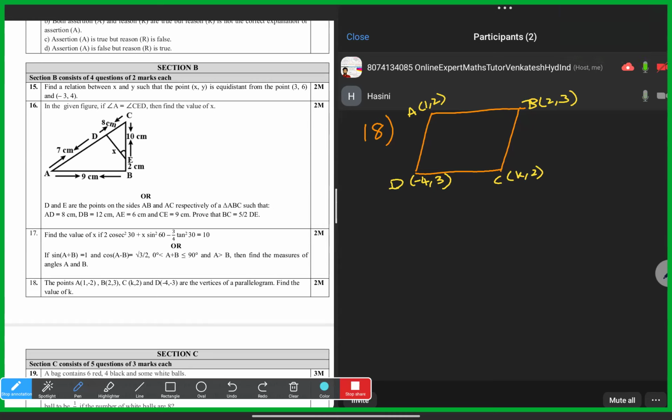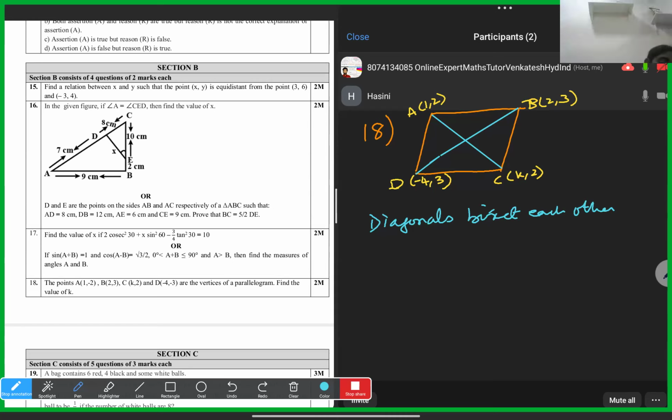So now, to find out K, which is the unknown value here, there is one property of a parallelogram: the diagonals bisect each other. The same thing you can apply for a rectangle, square, or rhombus also if a similar question is given.